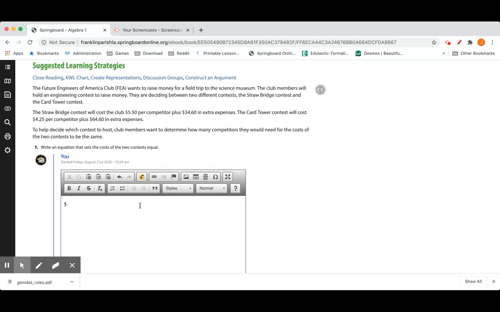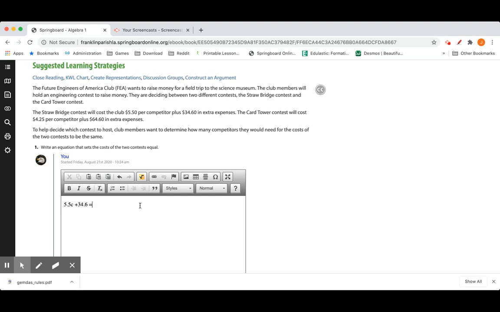So 5.5, which is 550 shortened without the 0 at the end, per competitor. Let's say C is our competitor, plus 3460. Again, we can just delete that 0 and make it a little bit shorter, 34.6.